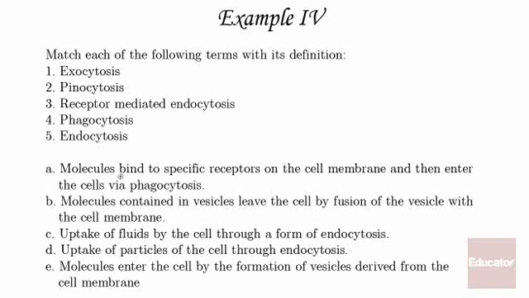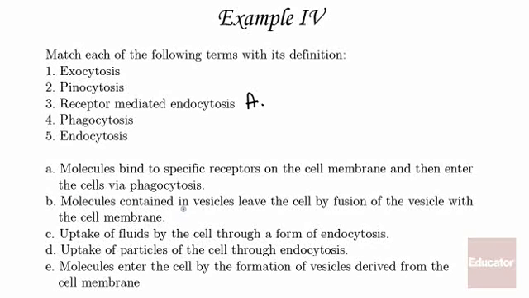So if the molecules are binding to specific receptors and endocytosis is occurring, that would be receptor-mediated endocytosis. The example I gave was with LDL. They bind to LDL receptors and are ingested into the cell via endocytosis.